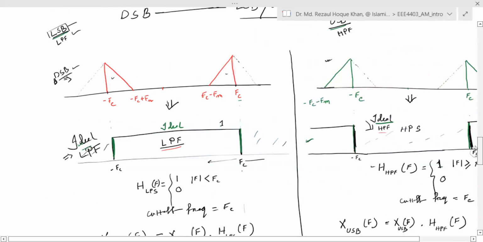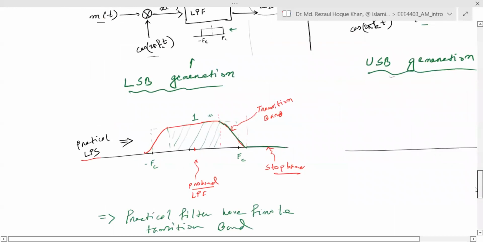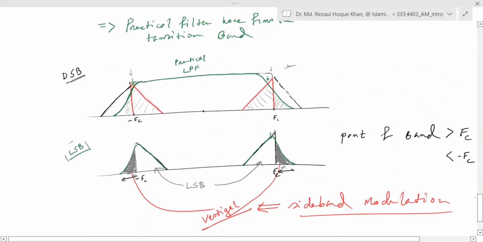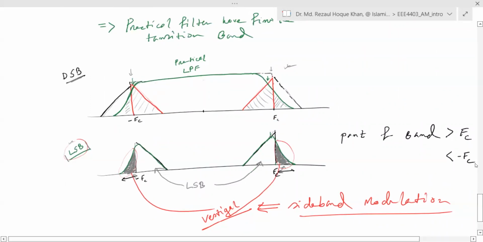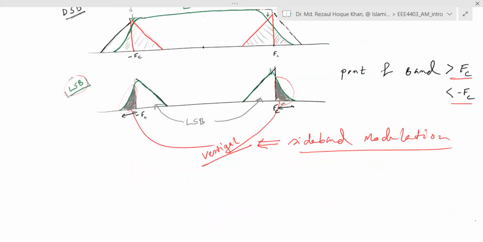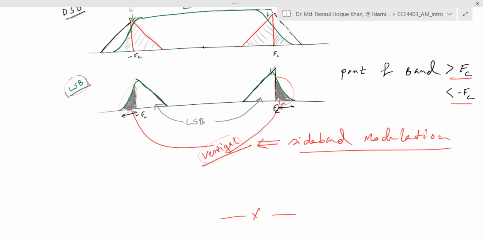This is the example of the ideal case, and if we use a practical low pass or practical high pass filter, then in addition to passing the LSB, an extra portion of the signal from the other part is also included in this LSB. That portion is called vestigial, and based on this, a new kind of modulation is also possible, which is called vestigial sideband modulation. So here ends our lecture for today.